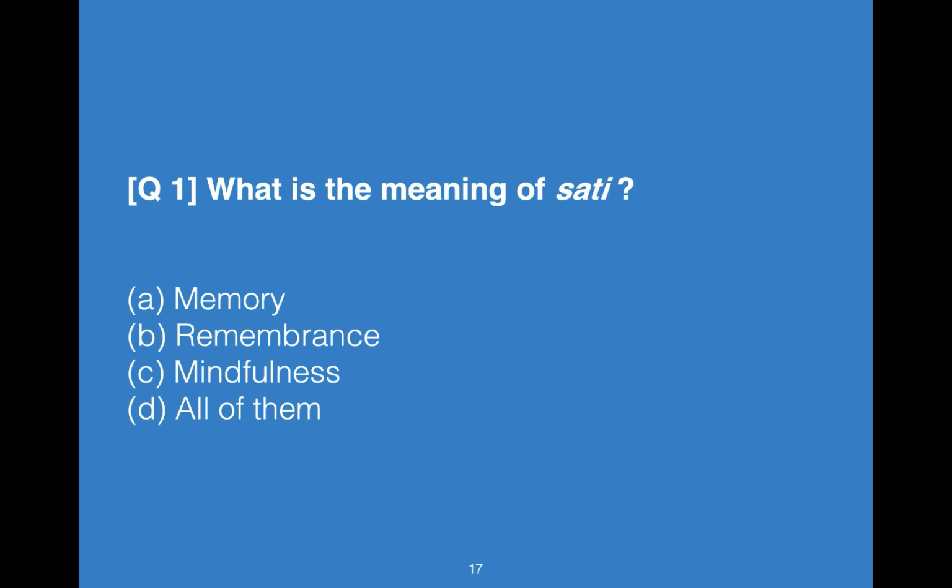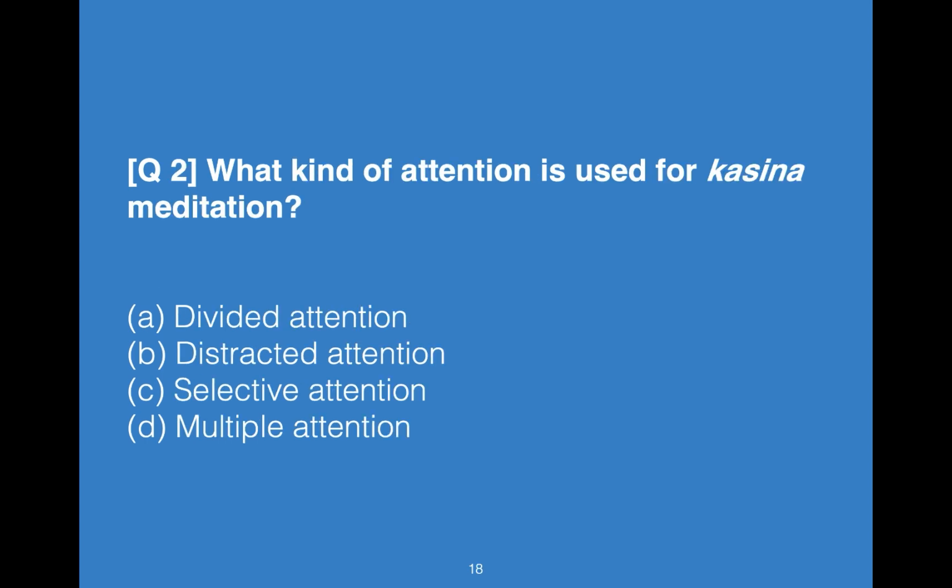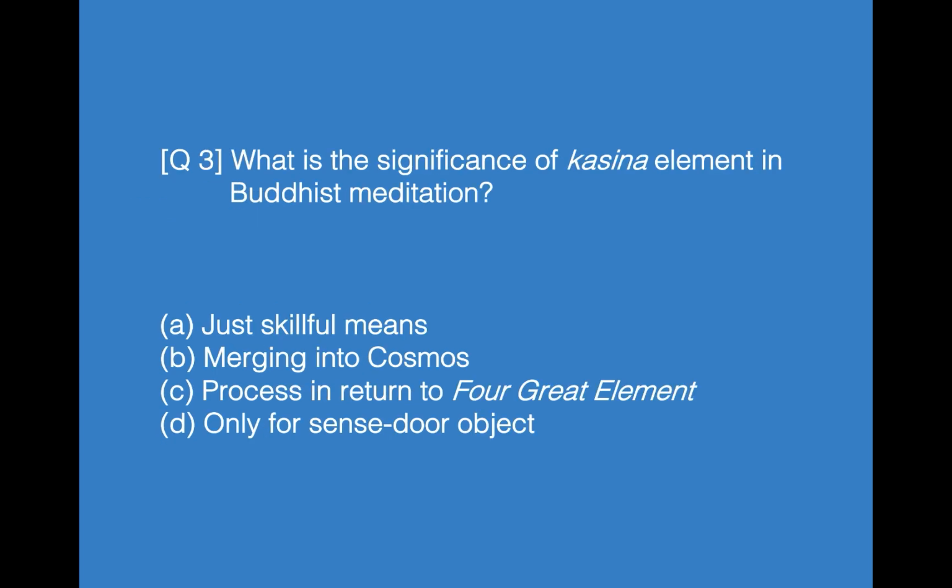So what is the meaning of sati? Memory, remembrance, mindfulness, all of them? What kind of attention is used for kasina meditation? I introduced two kinds of attention, divided attention and selective attention. Which one is it? What is the significance of the kasina element in Buddhist meditation? In Brahmanic origin, Brahmans consider the kasina element differently from the kasina element for Buddhist practitioners.